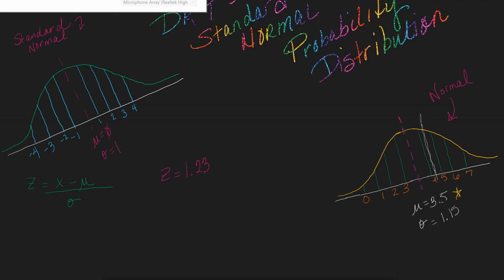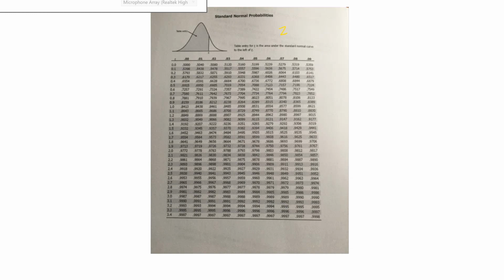Then we need to take a look at our z-table. This time we're looking for z is equal to 1.23. So we'll start first here, and we're looking for 1.0. There it is. And then I've got to figure out the 2, 3 part, don't I?